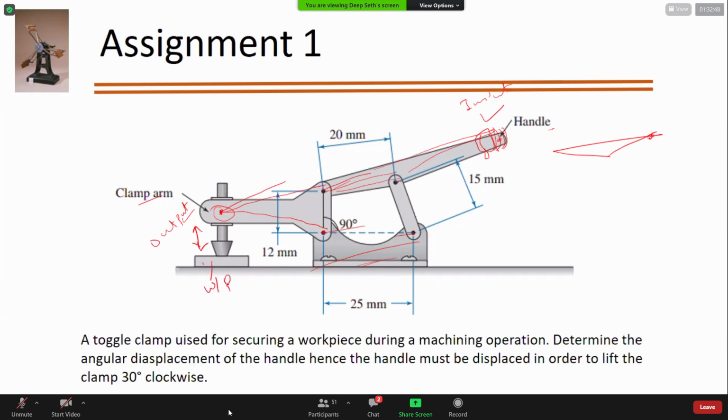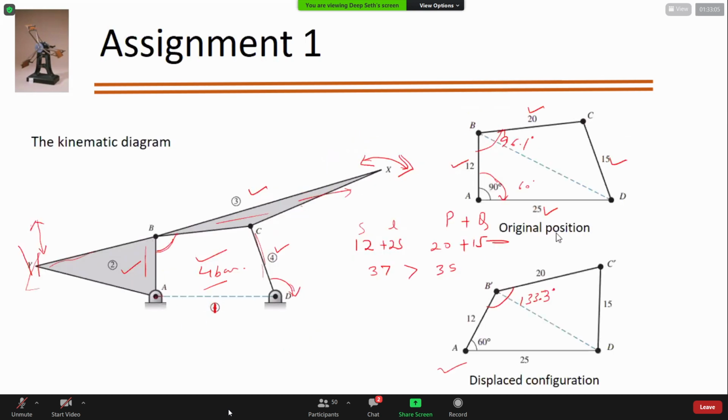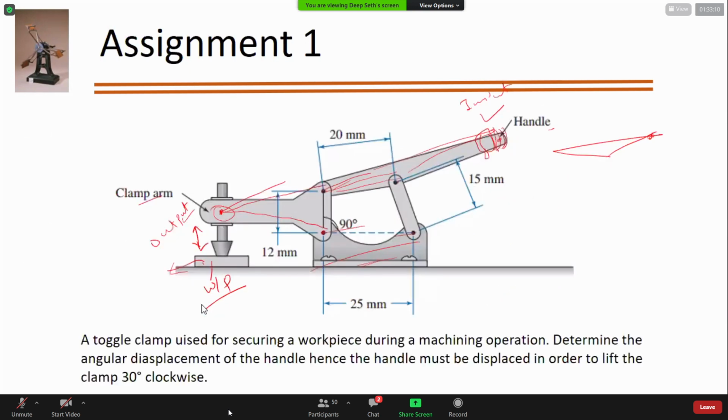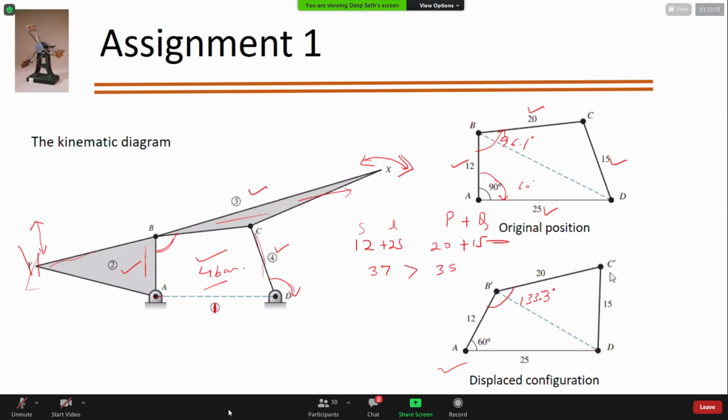So this is your workpiece. Then you pull the lever back and it will attach over here. Right now it is in the locked position, and if you want to open it and remove the workpiece, you have to change this angle by 60 degrees so that it can open. Like this, your handle is moving and it will open.